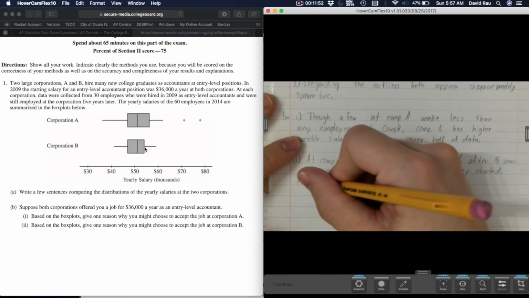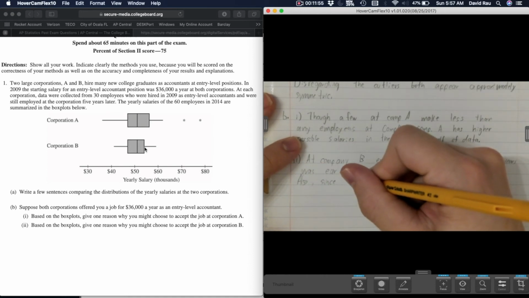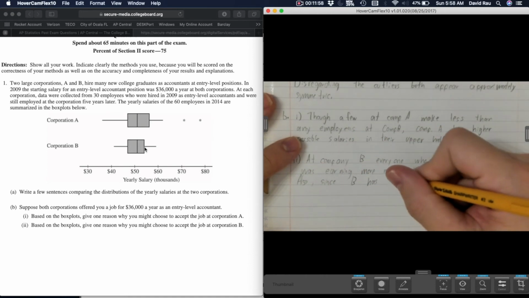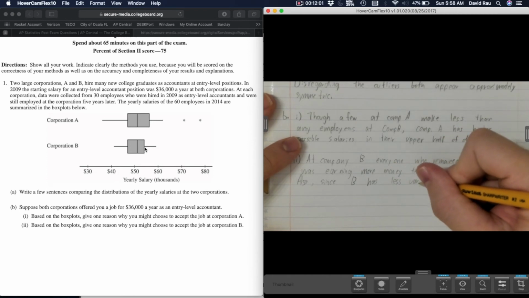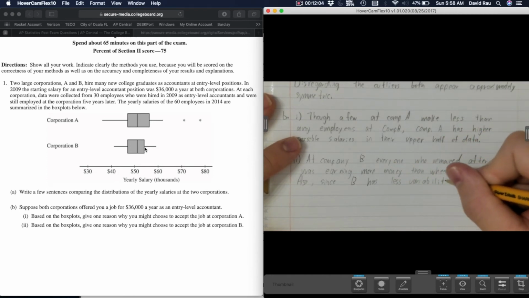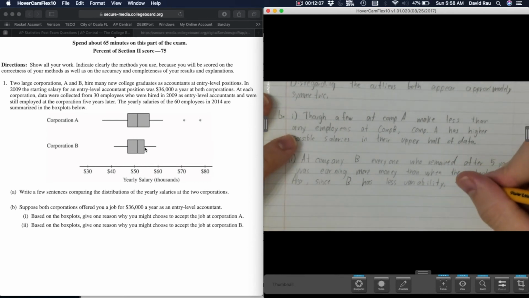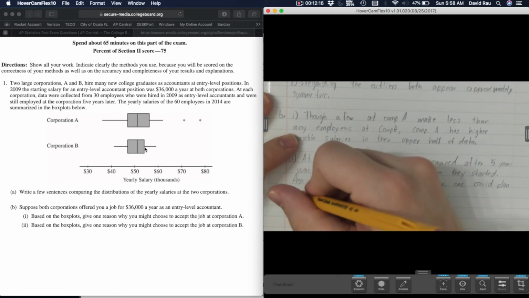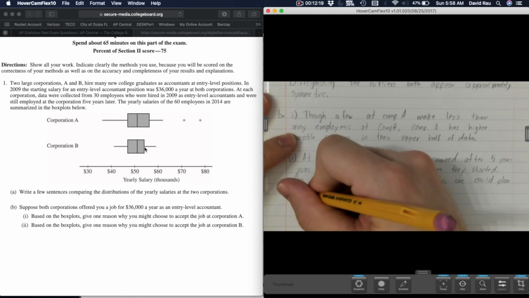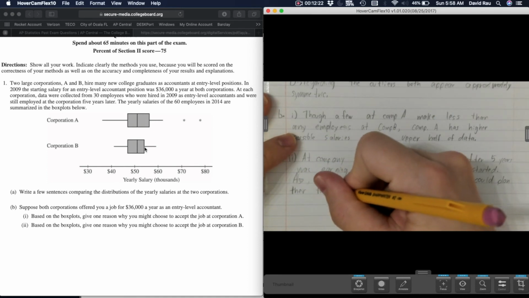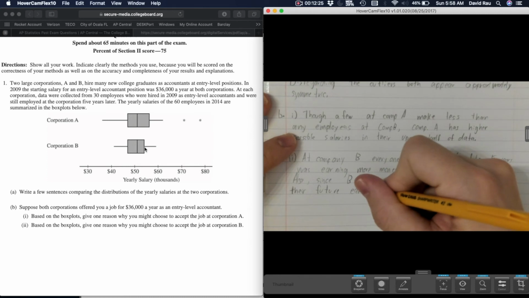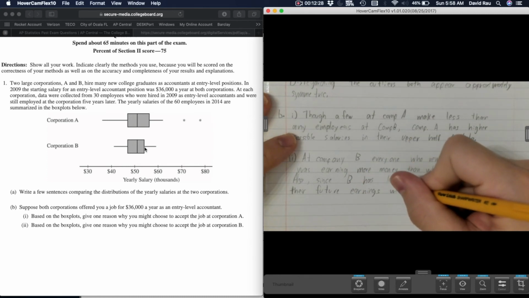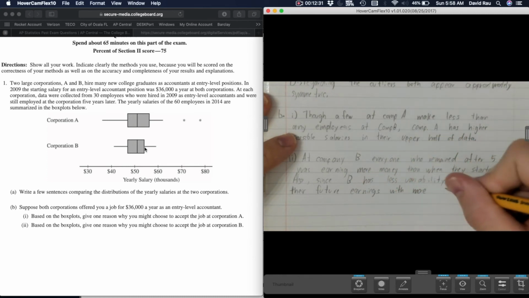Also, since B has less variability, this is the budgeting side of me, one could plan their future earnings with more predictability.